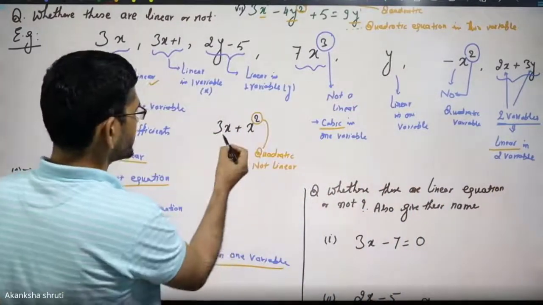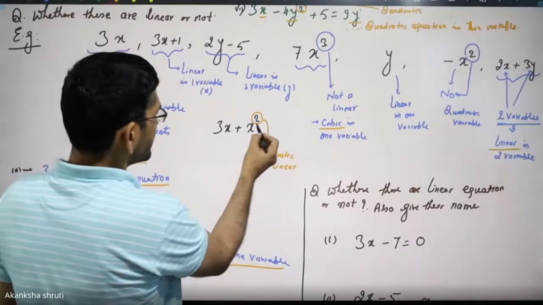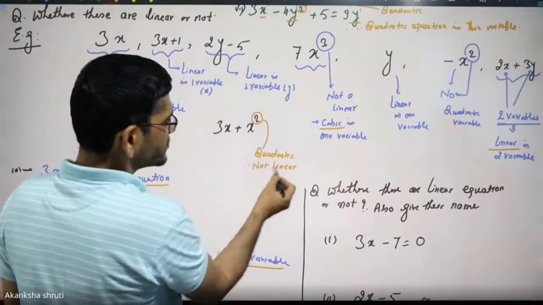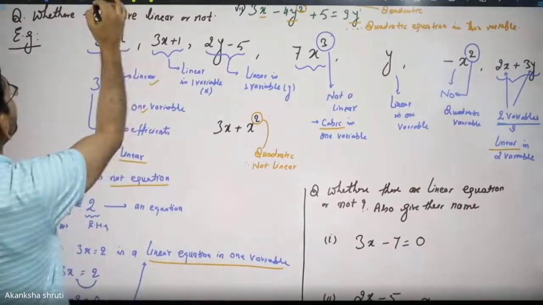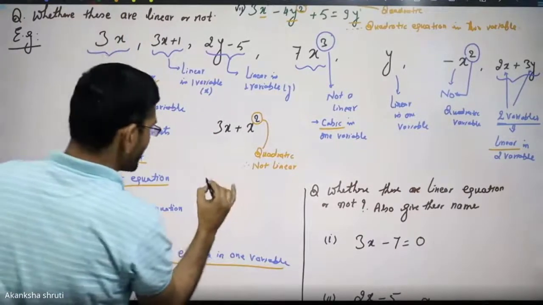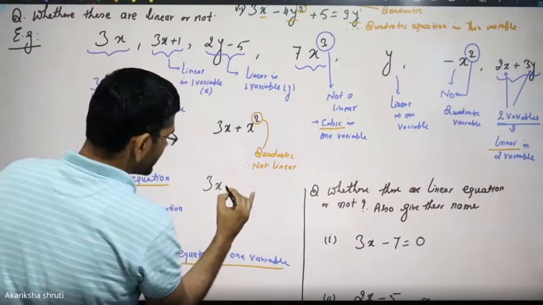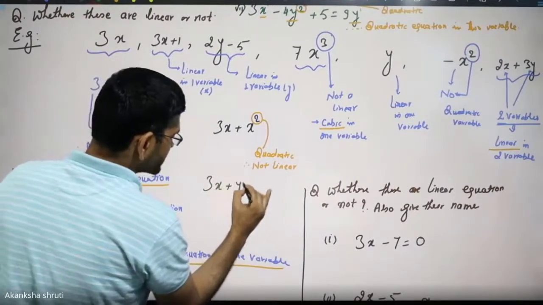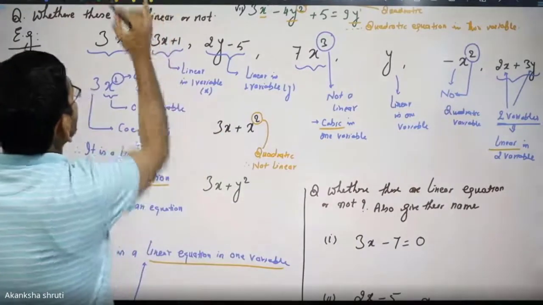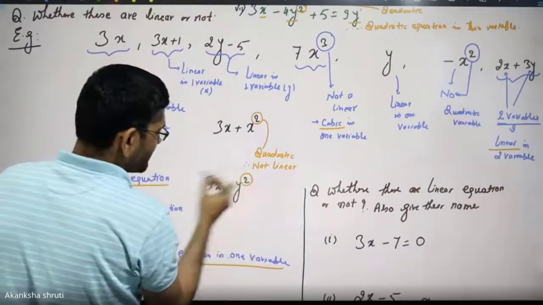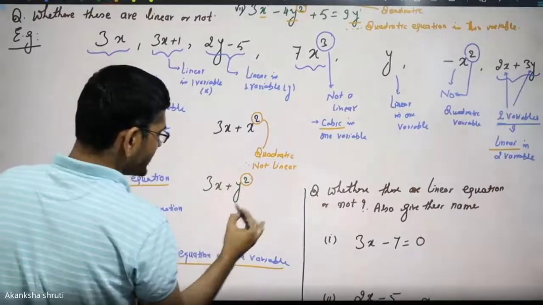But here we noted 3x plus x square, it is not linear, it is quadratic. Students, there may be some linear and some non-linear terms, like maybe 3x plus y square, still it is non-linear because of the highest power. So just observe the highest power.